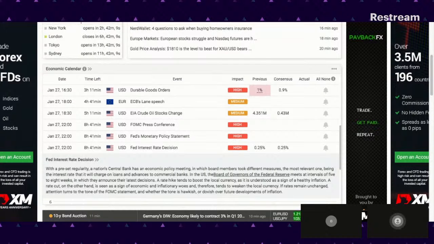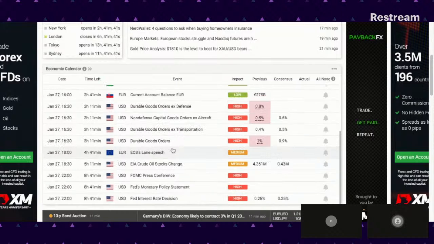Just like a hawk, a hawk is something that is hungry. It's a predator. Dovish comes from the word dove. A dove is calm. So when the statement comes as hawkish, US dollar is going to be strong.